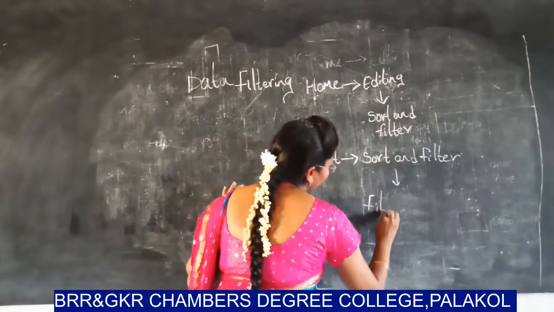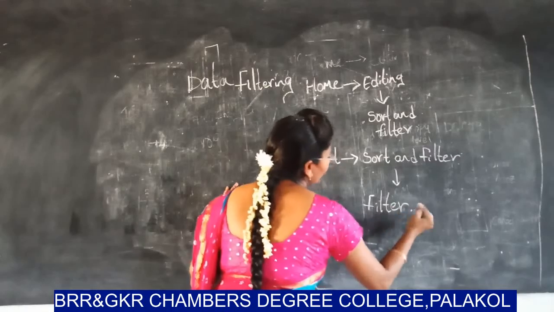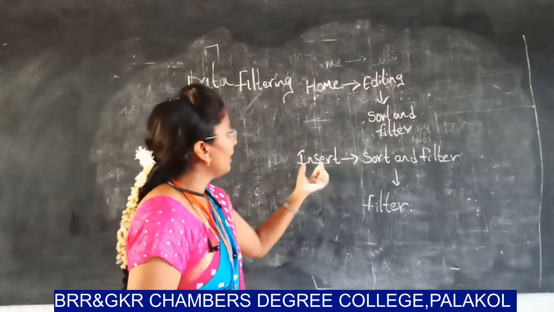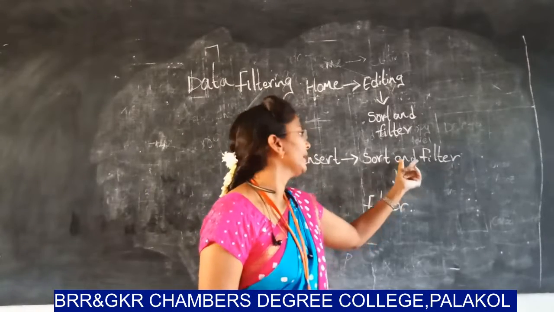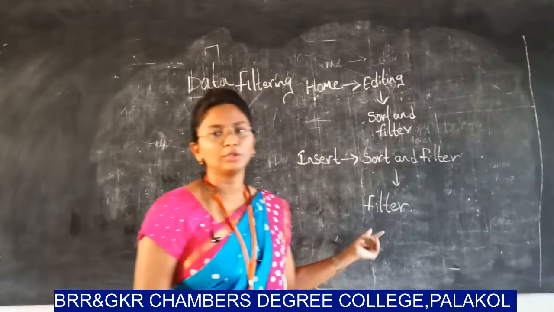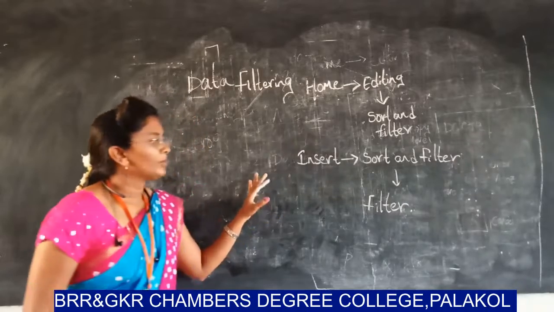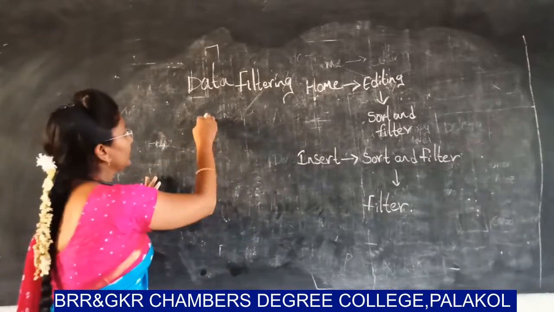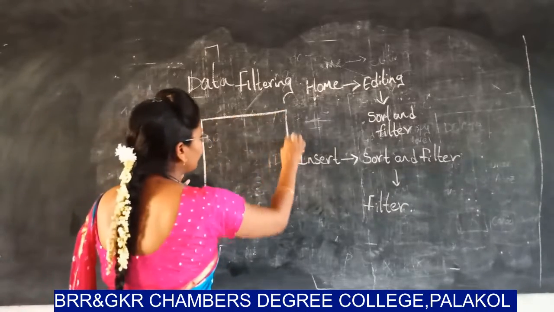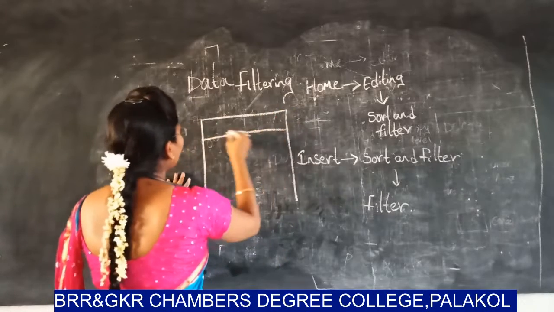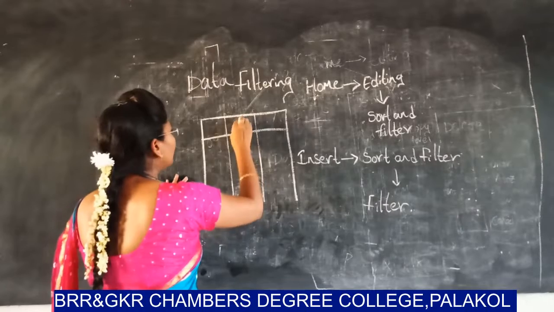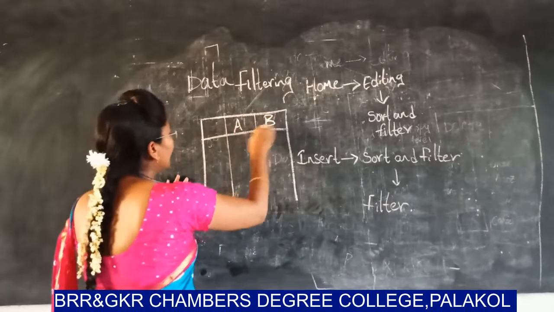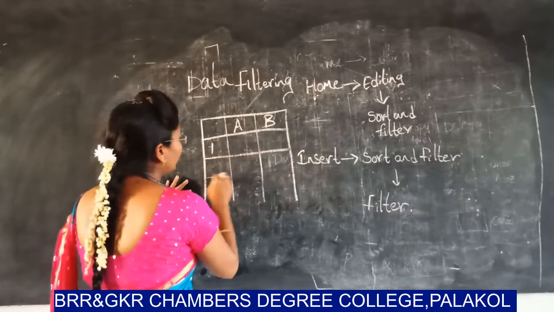In filter, advanced filters are also available. Okay, after clicking on the insert option, go to the sort and filter option and then click on the filter option. First of all, I am taking some data in the Excel sheet. The same data I took for the sorting, the same data I am taking for the filtering also.